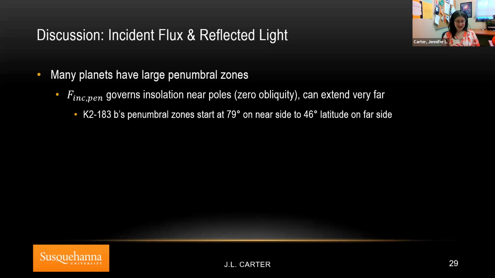This also means that the incident radiation within these penumbral zones, that's what governs how much light is received at the poles of our exoplanet, assuming that it has zero obliquity. So the axis of rotation is not tilted to the orbital plane.